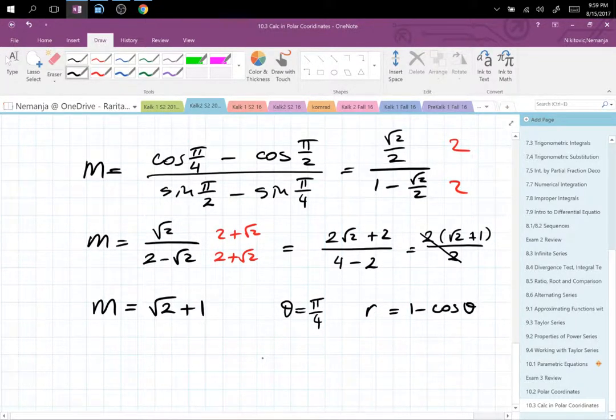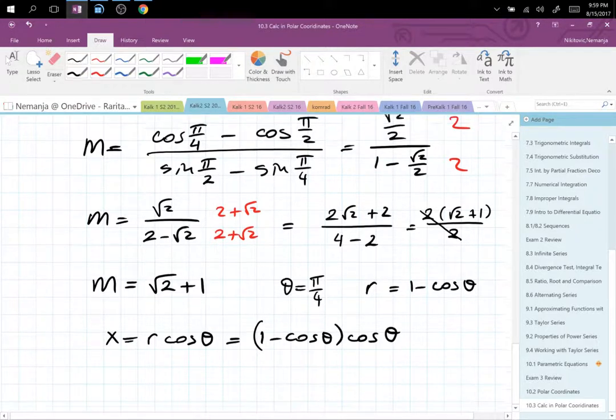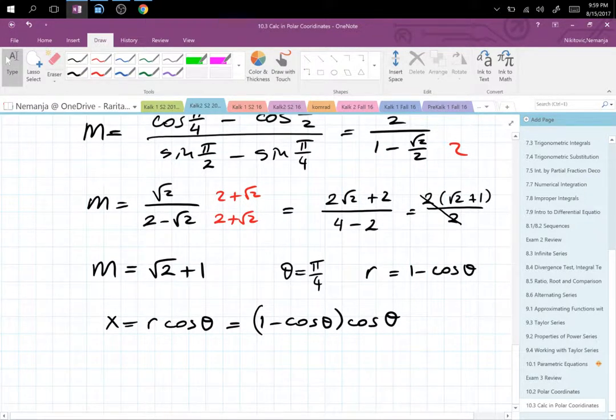So conversion formulas for x and y: x is r cosine theta, with r equal to 1 minus cosine theta times cosine theta, and theta is pi over 4. So here we go, computing stuff again, right?